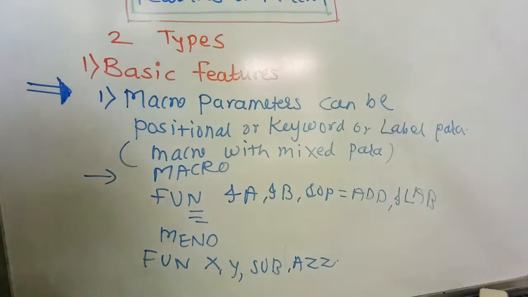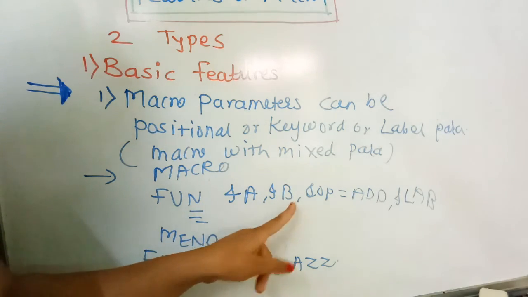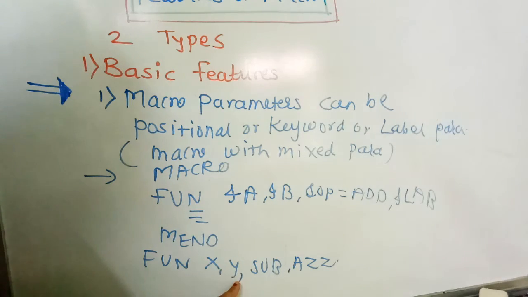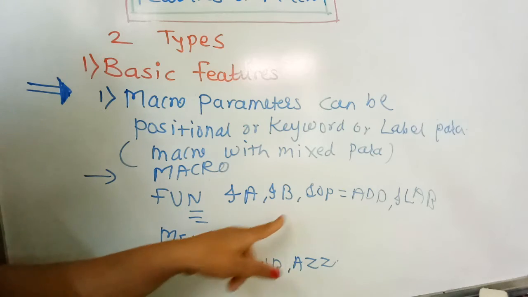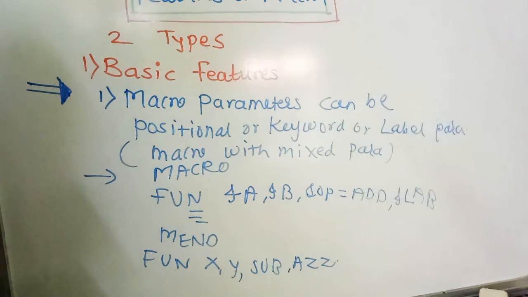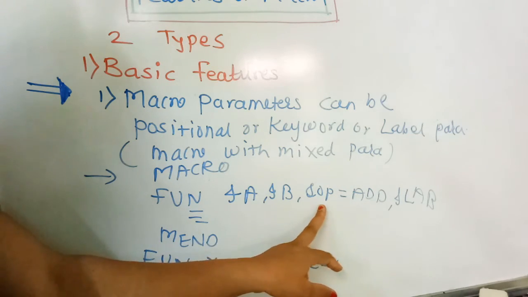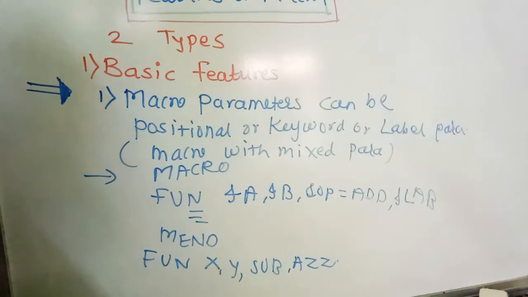In this example, which are the functions x and y? Then, which values are passed to this x and y? The parameters ampersand a, ampersand b are passed to the x and y respectively. Ampersand operand is nothing but the keyword parameter and its default value is add. When ampersand operand is used, the default value add is displayed.